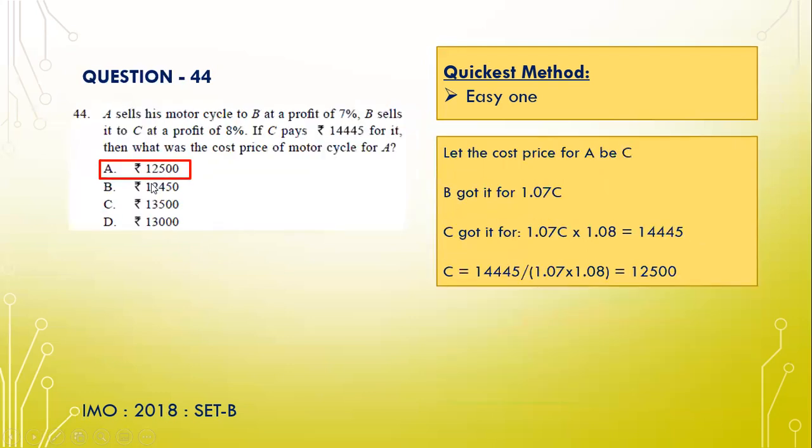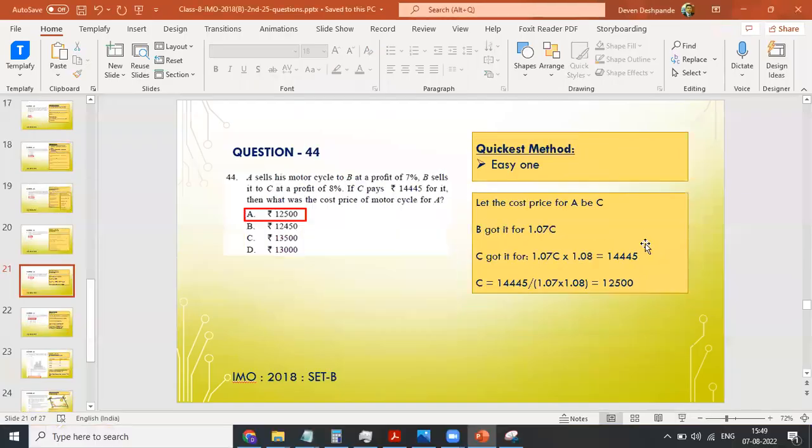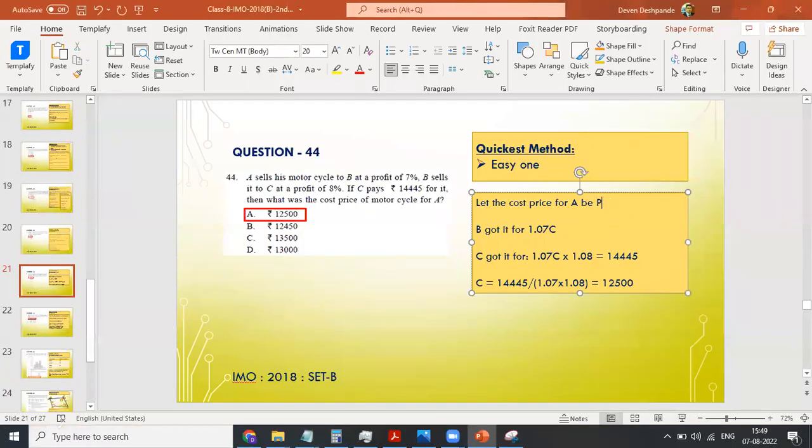Okay. A sells his motorcycle to B at a profit of 7%. B sells it to C at a profit of 8%. If C pays 14,445 for it, then what was the cost price of the motorcycle for A, isn't it? So let the cost price for A be, sorry, I'll write it as P, not to confuse.